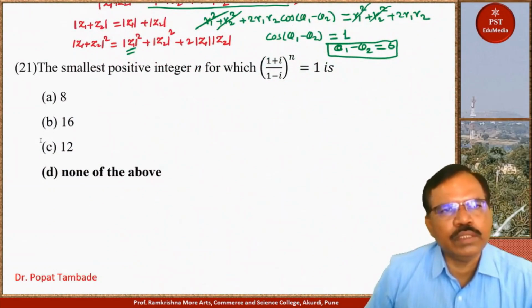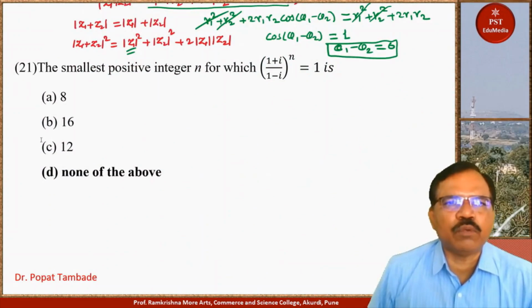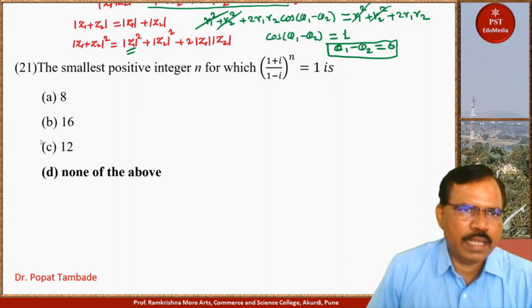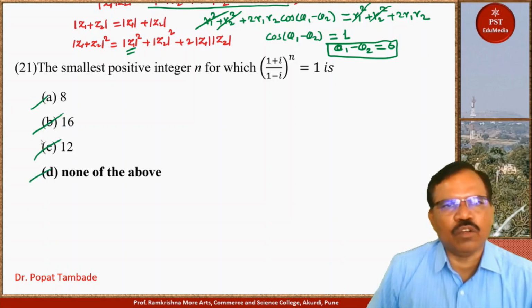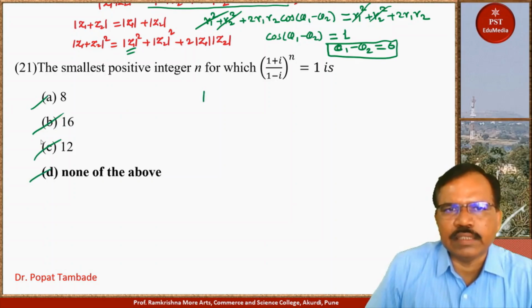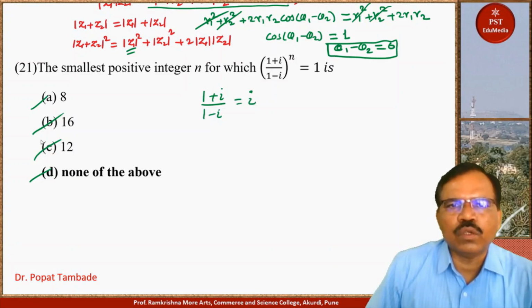Now let us go to the next one. The smallest positive integer n for which (1 plus i upon 1 minus i) raised to n is equal to 1 is: 8, 16, 12, or none of the above. Smallest positive integer. We have already seen 1 plus i upon 1 minus i is equal to i. So i raised to n is equal to 1.